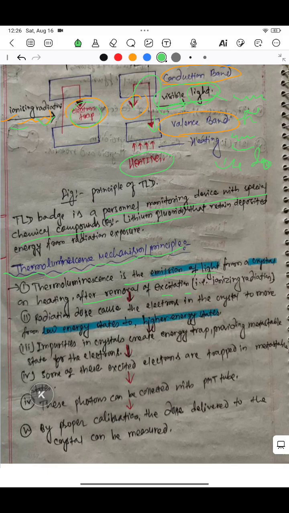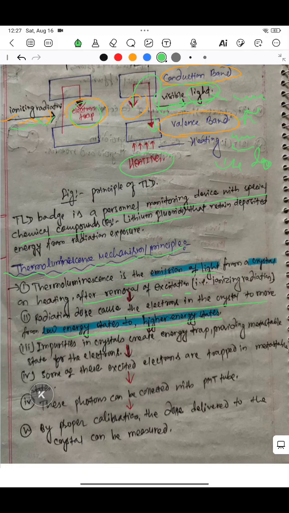So electrons are trapped, and when the radiation is removed and heat applied, light is released. A radiation dose causes the electrons in the crystal to move from the low energy state to the higher energy state. So they are talking about this one.